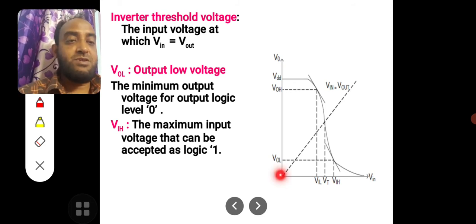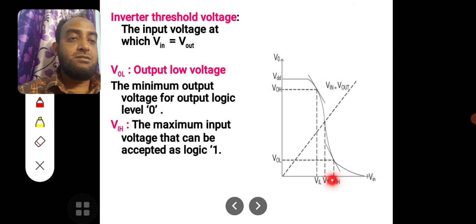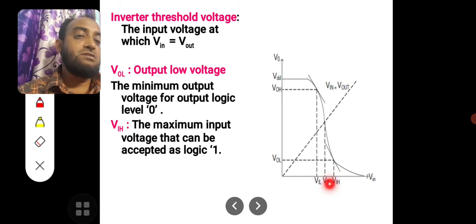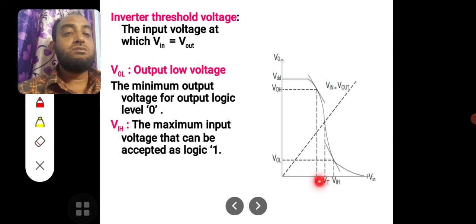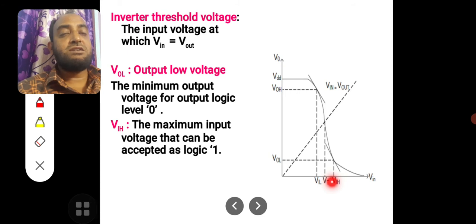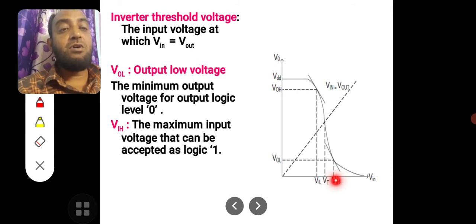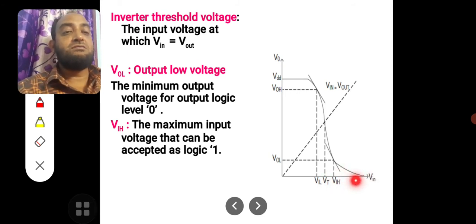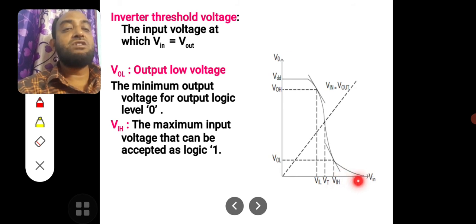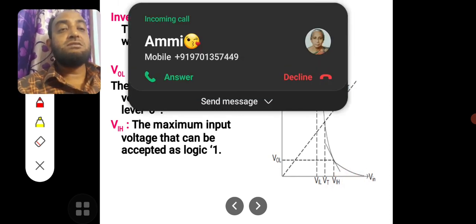So until VIL it is 0, and from VIL to VIH it is not 1. Above VIH it is 1. From VIH to VDD it is treated as logic 1.